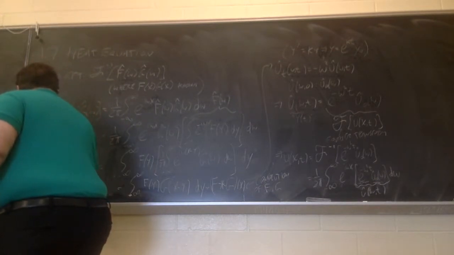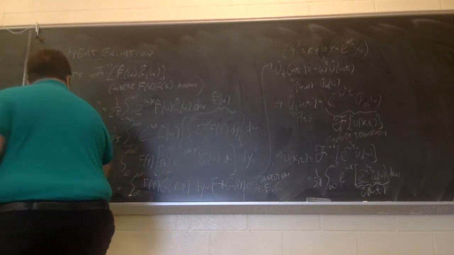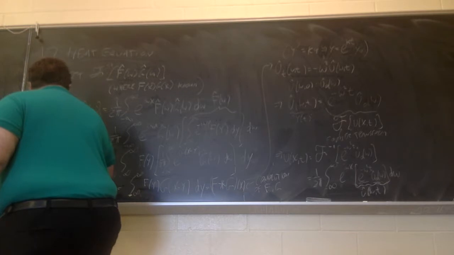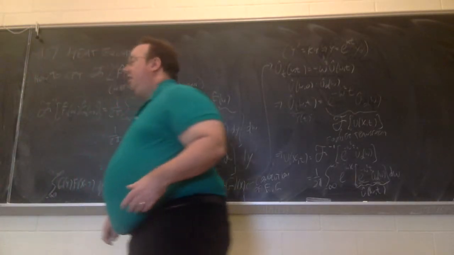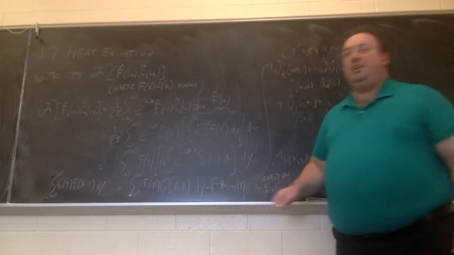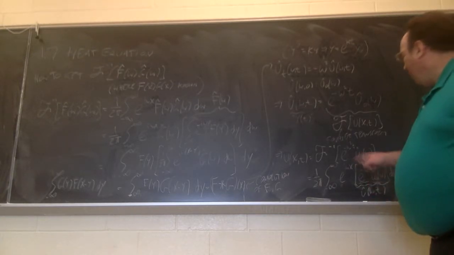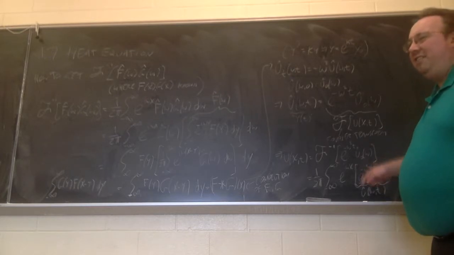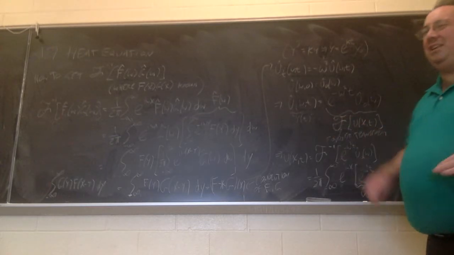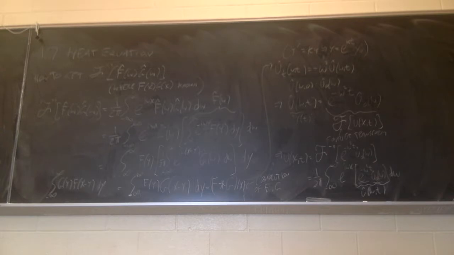It's also equal to, if I just switch the roles of f and g, the integral of g of y, f of x minus y, dy. So in other words, this convolution is commutative. f star g is the same as g star f. Because I want this to be a function of x minus y, that's why I realized I goofed, but it doesn't really matter. Any other questions?